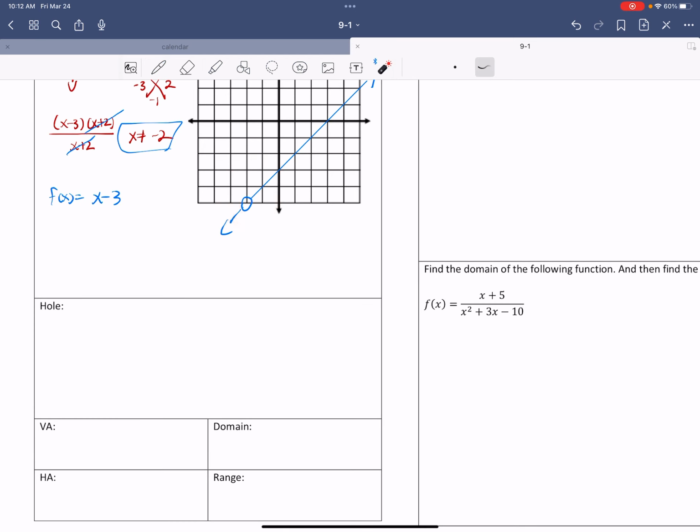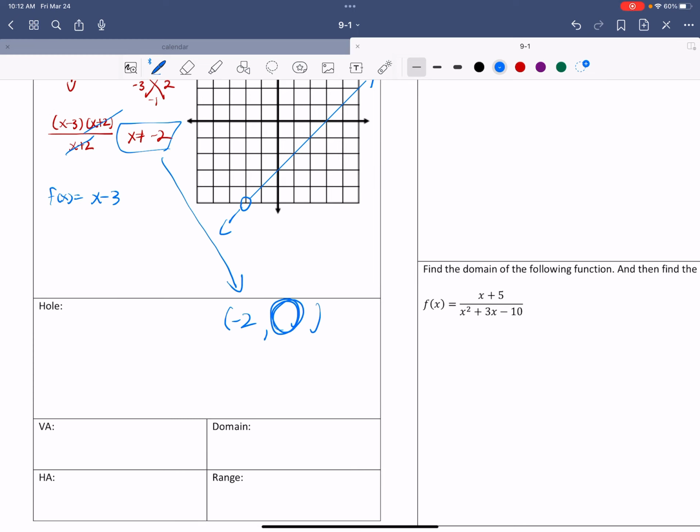We gotta find this point, like -2, -5. How do I get this point? So for the hole, first, on the top, for the x value, you're gonna find -2. I get this number from here, but I have to have this number, right? So I'm gonna use red color. This is how you do it. So f of x is equal to x minus 3, sorry, I said 2 but it should be -3.